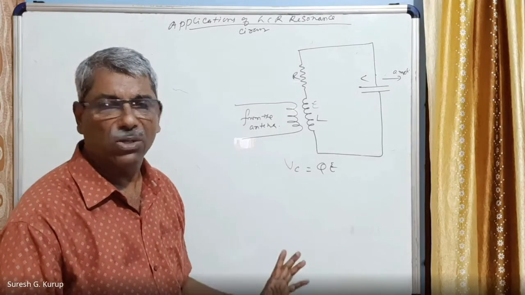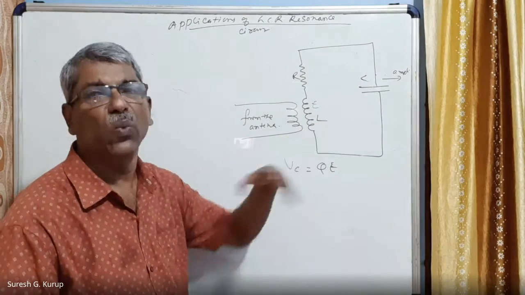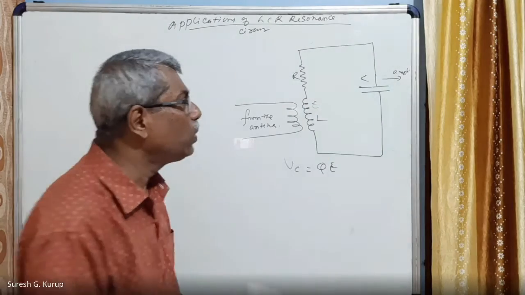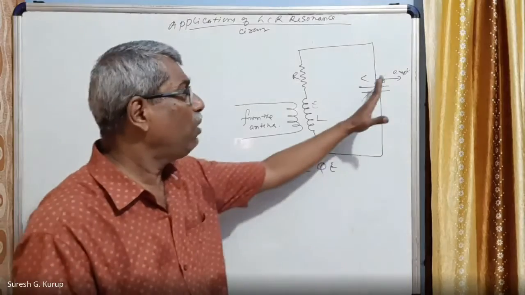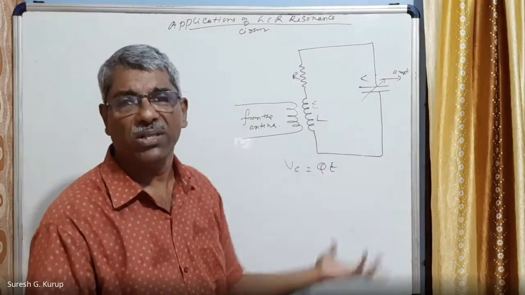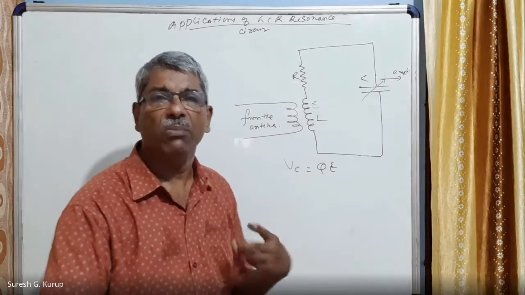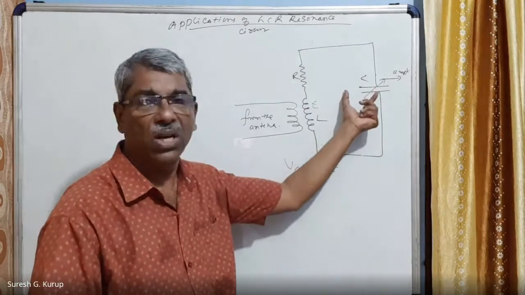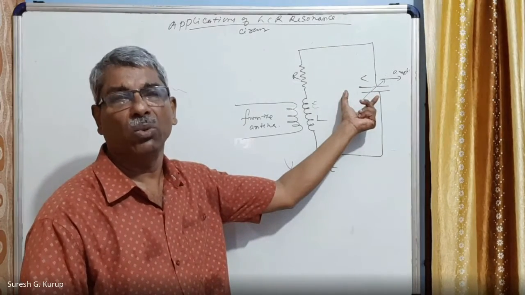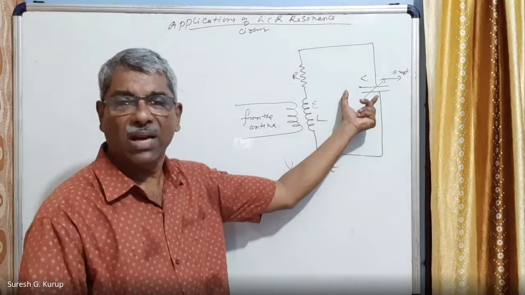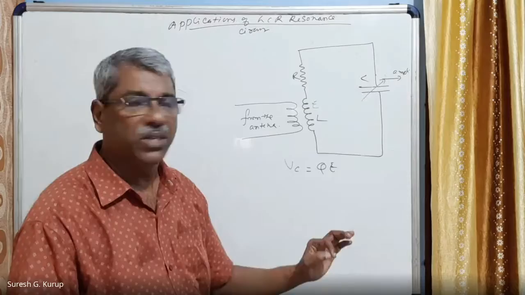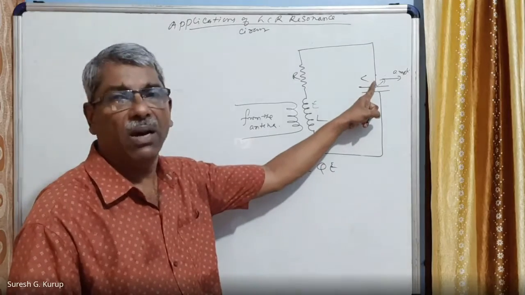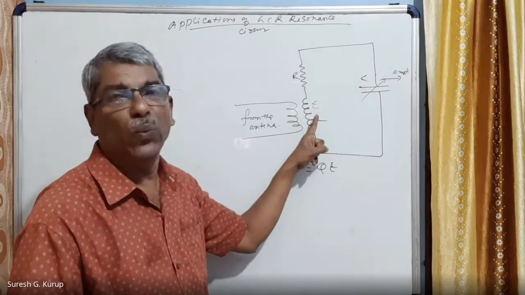At resonance, the voltage across C becomes very high because we have to tune also. This is a variable capacitor. The value of the capacitor C is so adjusted that the voltage across it becomes very high. At a particular stage, the voltage VC becomes equal to VL.